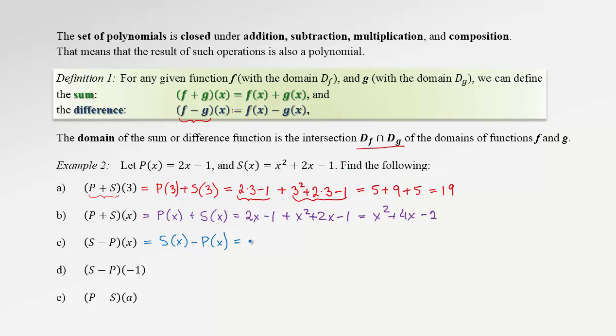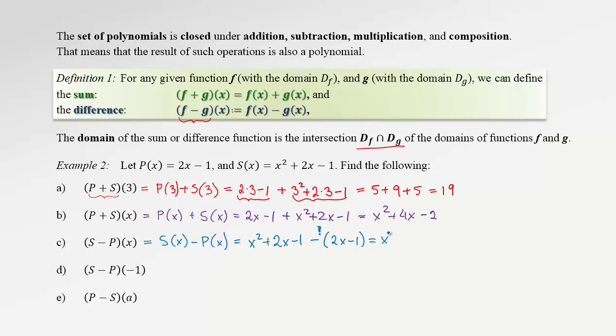That's this trinomial, x squared plus 2x minus 1, and then we are subtracting, but since we're subtracting, remember we need to put a bracket before the incoming expression. So the p of x is 2x minus 1. Close the bracket and simplify. So just to take care of this minus, let's rewrite everything with no bracket.